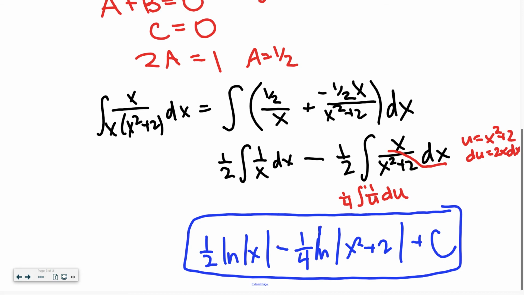I'm going to give you some instances where you could use this to actually solve for something, like a centroid or a volume or an area or anything like that.